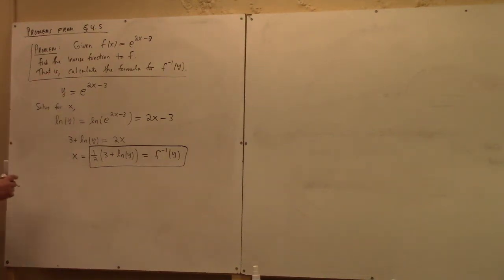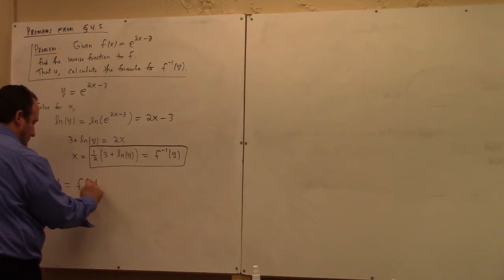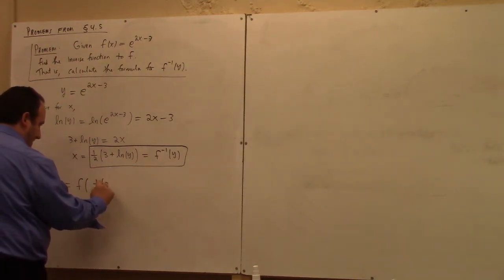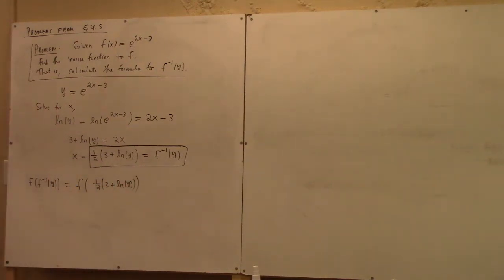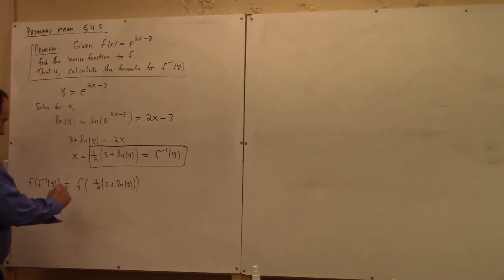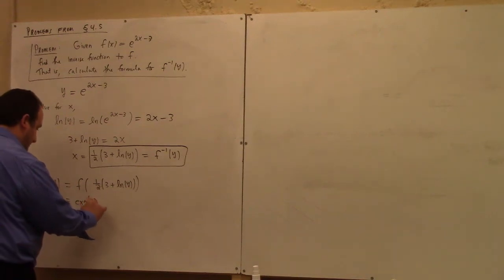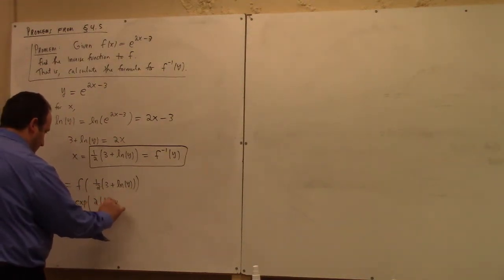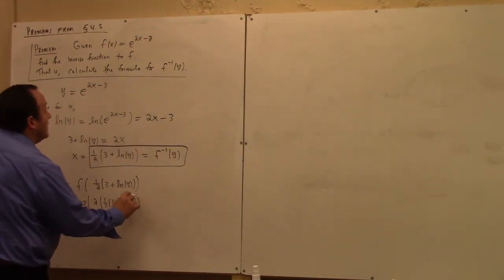Let's try it out. What happens if we calculate f of f inverse of y? What happens then? So we would say f of 1/2 of 3 plus log y. How do you do that? So that's equal to the exponential of twice the input minus 3, right?